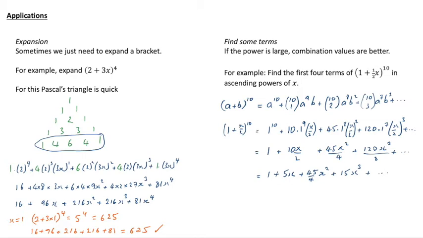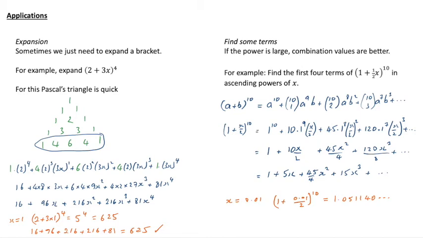And a good way to check it is, if we notice the powers are going up, if we use a very small number, so for example 0.01, then the terms that we haven't bothered with, so the x to the power of 4, x to the power of 5, x to the power of 6, and so on, they would be way down in the decimal places. 0.01 to the power of 4 is 0.00000001, and even more noughts for the higher powers, so they're not going to impinge on the first few decimal places.